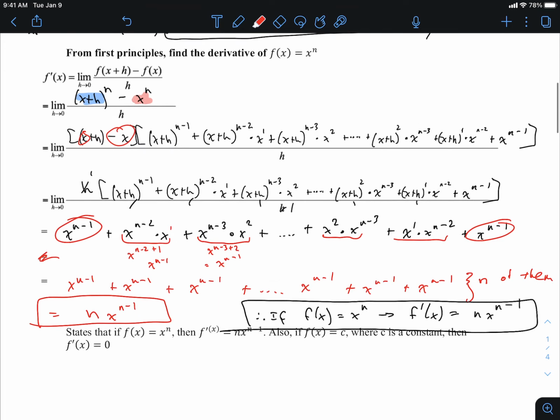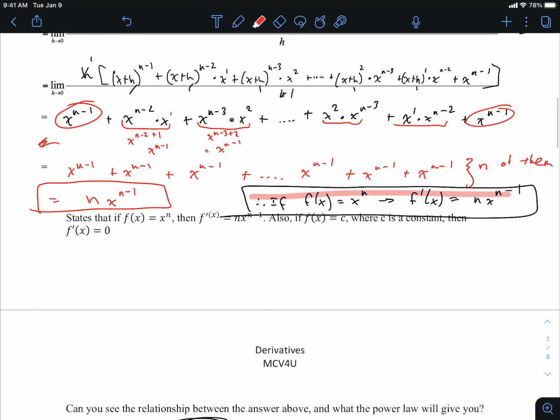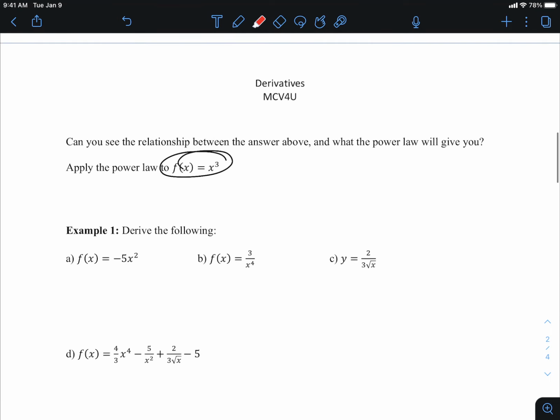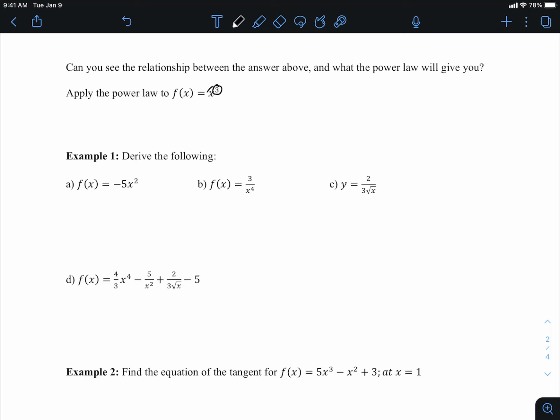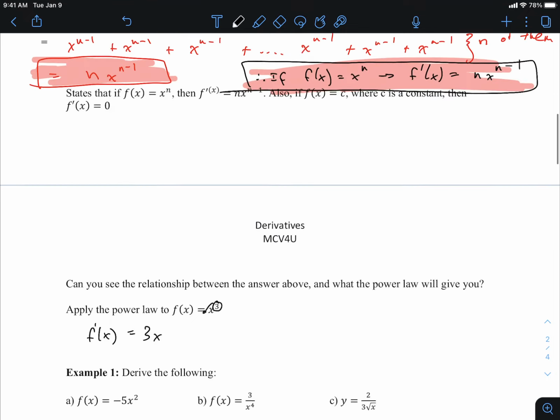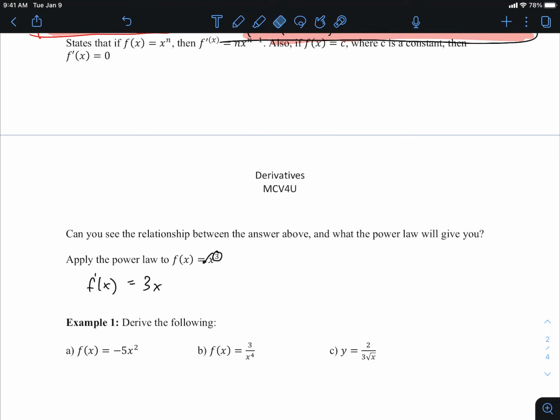Okay, if I was to actually come down here and apply this rule we've come up with, where here's the derivative for power law, well, it tells us to take the exponent. This is how it works. Much easier than the actual proof. We're going to take the exponent, and it's going to come down out front. In this instance, n is equal to 3 here, because the exponent is 3.